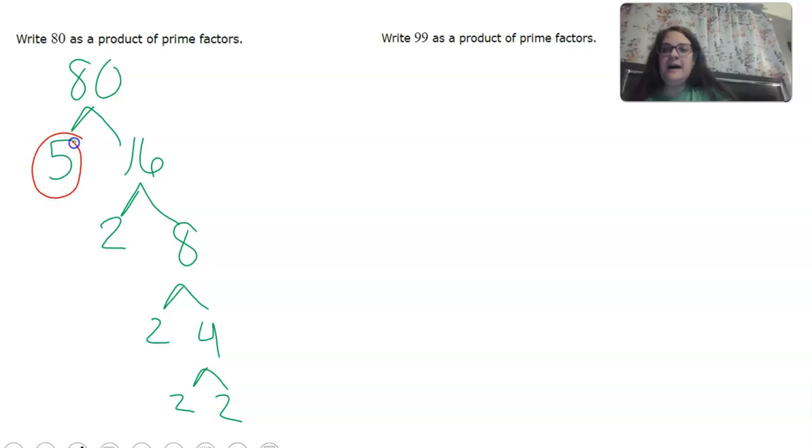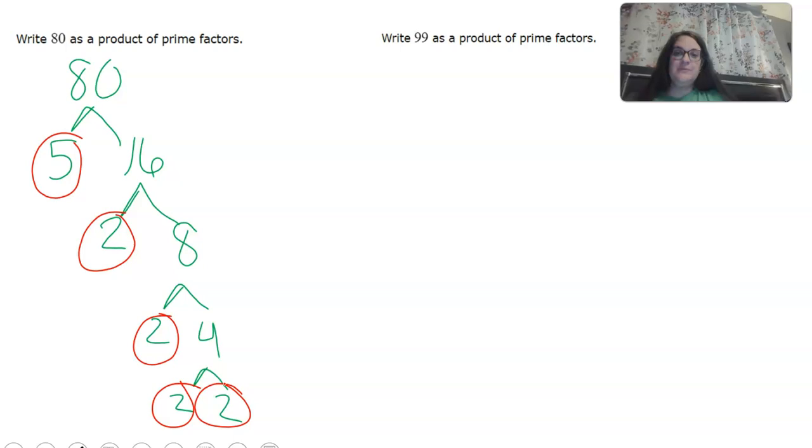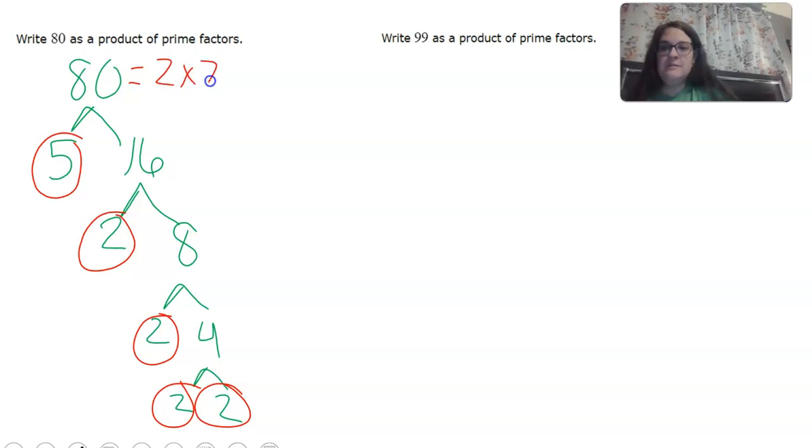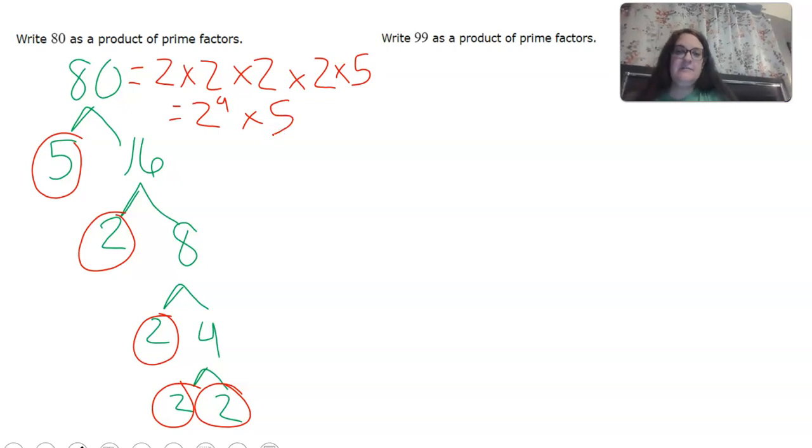So we have 5 times 2 times 2 times 2 times 2. This is a big one. 1, 2, 3, 4 2's. You might see this written as 2 to the 4th power times 5.